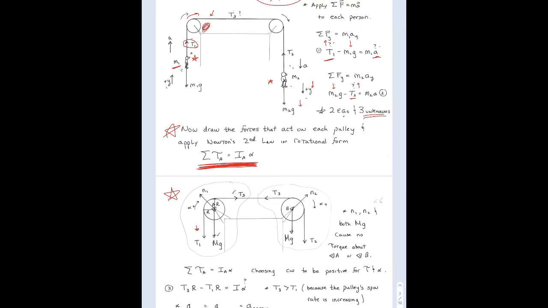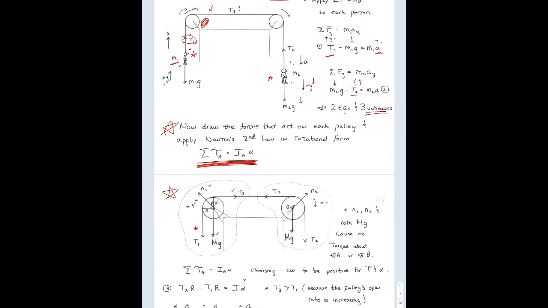There's the weight of the pulley, and there's a normal force. That's the reaction force to T3, T1, and mg. Remember, T3, T1, and mg are trying to yank the pulley. If I add up those 3 forces, they'd be over in the 4th quadrant, and so the normal force N1 is the reaction force to those.